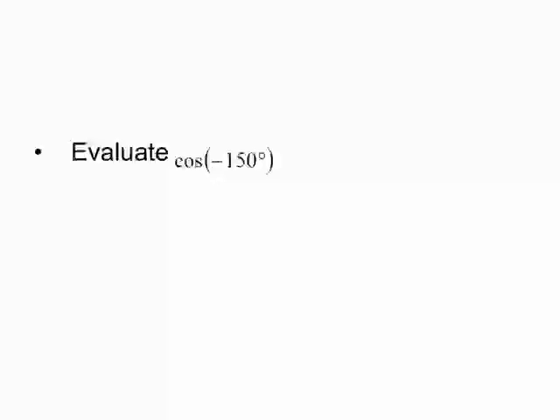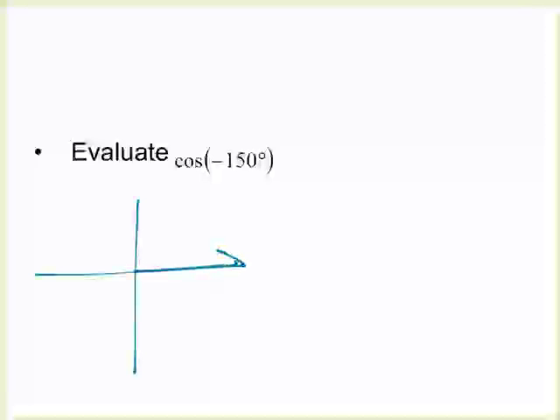Next example. We begin by graphing. Start at the positive x-axis. Negative. So we're going to go around clockwise. Where will this land? In the lower left. How far before the 180? What's our reference angle? 30. Close in that reference angle. Always connect to the x-axis. Across from the 30 goes 1. Hypotenuse 2.